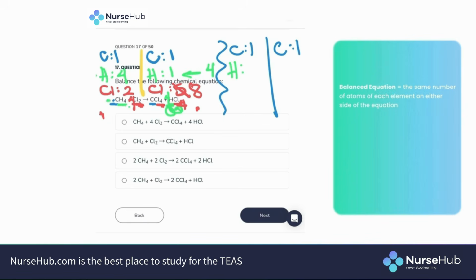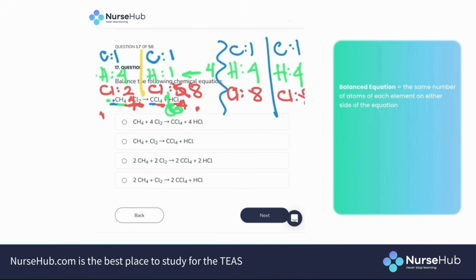Even looking here, there's no coefficient. We have 4. On the product side, we now have 4 with the addition of our new coefficient. And finally, our chlorines, we have 8 chlorines now with the addition of our coefficient here. And on this side, we also have 8 on the product side. So we know these are the correct coefficients.